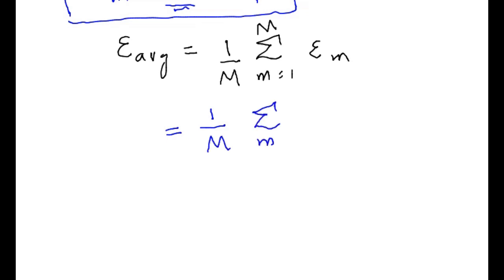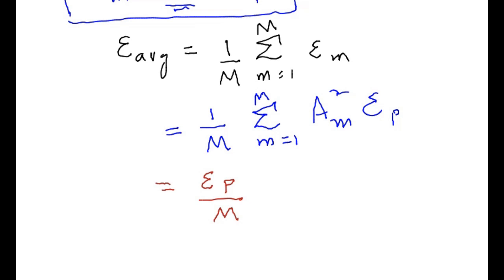Now if you write m from 1 to capital M, you can substitute E_m, which is A_m square times the pulse energy E_p, and this can be written as E_p over M, summation m from 1 to capital M, A_m square.